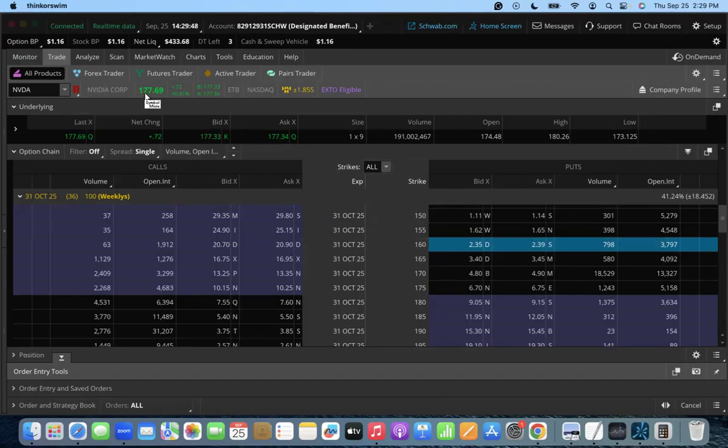So if Nvidia goes from 177.69 to $178.69 tomorrow, $1 more, this price will change, right? This price is constantly changing with the change in the stock price, because when the market is open, the stock price is changing, so this option price is changing. As the underlying Nvidia stock price moves up and down, the change happens in the option prices of any strike of any expiry date. That is determined by delta.